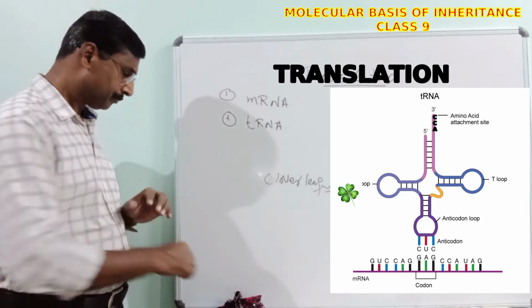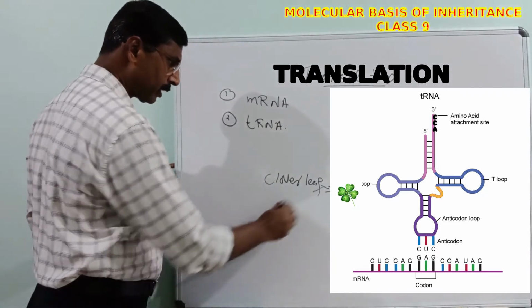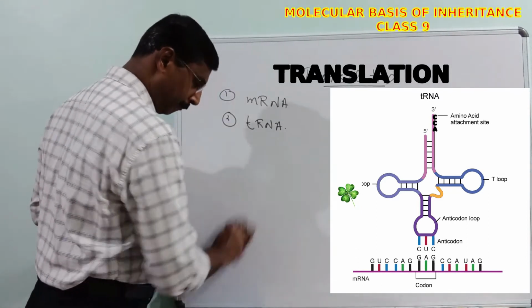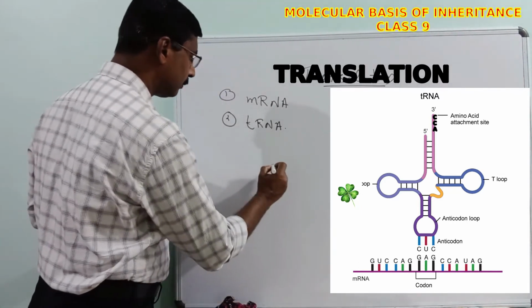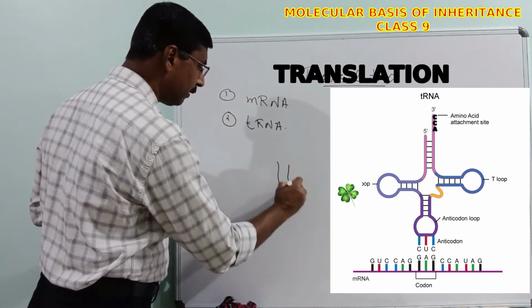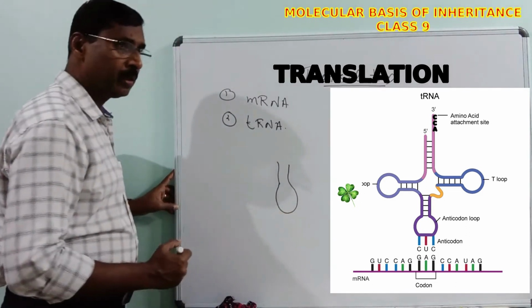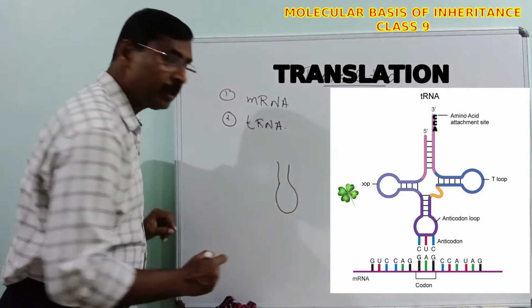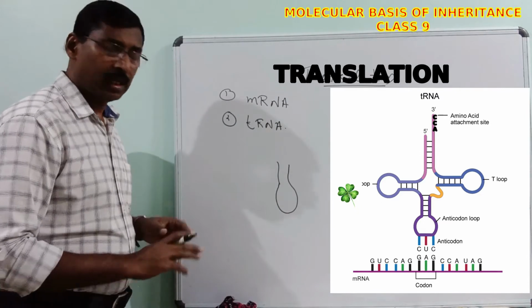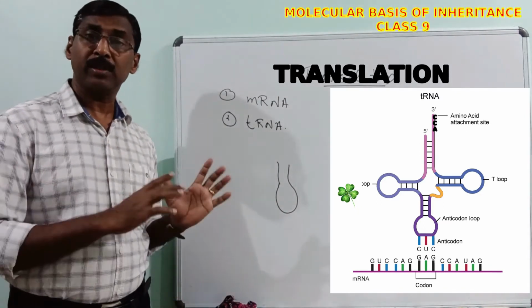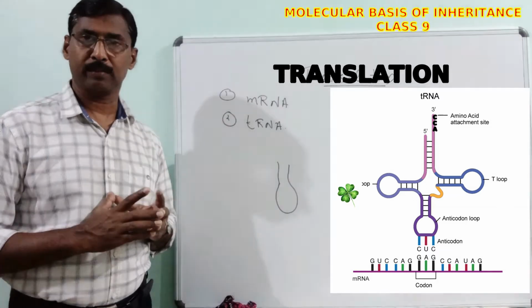For example, suppose this is the anticodon for the amino acid AUG. And we should understand that for every amino acid, the transfer RNAs are very specific in their function.